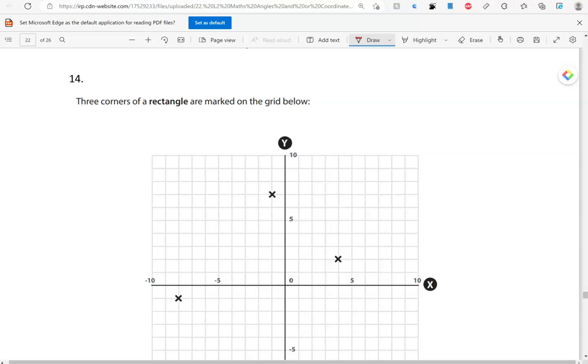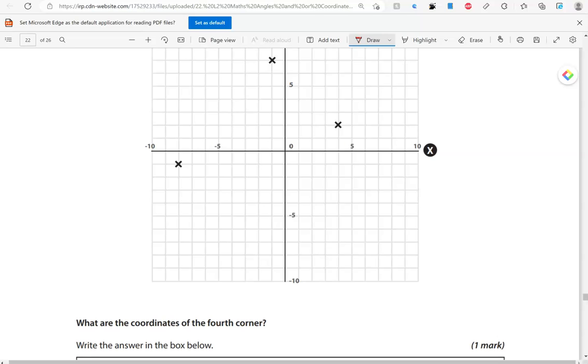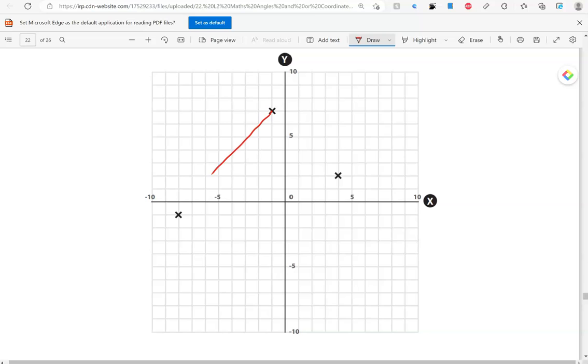Three corners of a rectangle are marked on the grid below. What are the coordinates of the 4th corner? Write the answer in the box below. So we have so far 3 corners, the 2 sides. So we're going to work out the missing corner. So from this corner, I'll go 1, 2, 3, 4, 5 down, and then 1, 2, 3, 4, 5 to the right.